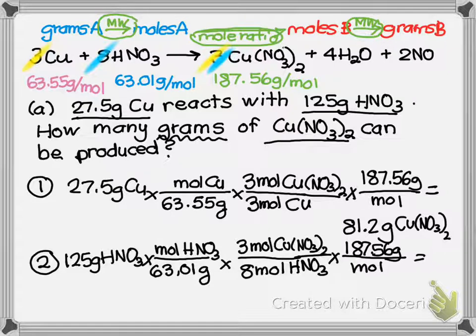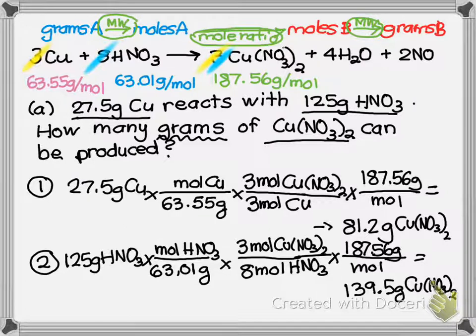So now let's calculate this. Plugging it in, calculating how many grams 125 grams of nitric acid makes, I get 139.5 grams. Well, it would really be, I guess, 140. But looking at the two answers, what I do for limiting reactant is compare the two answers.